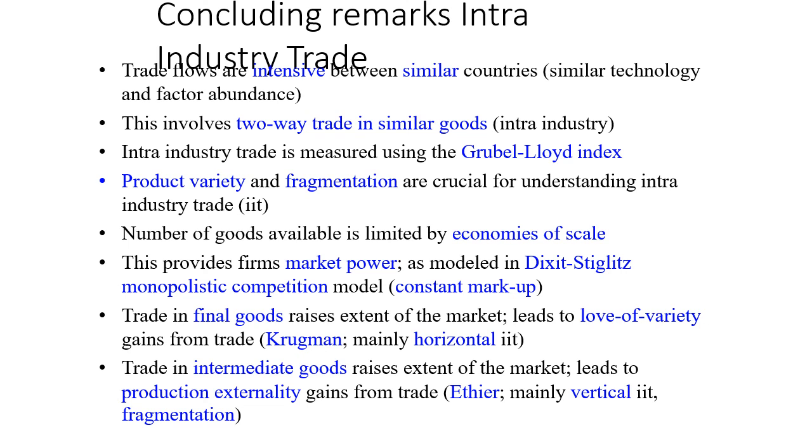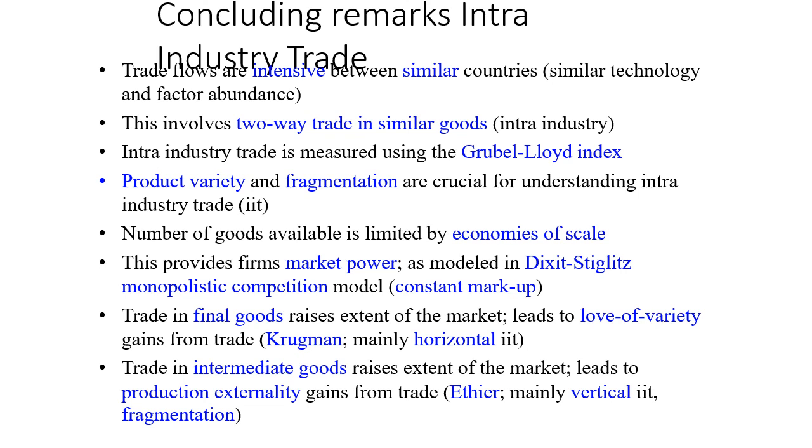We show that the number of goods available is limited by economies of scale. And then we also show the idea of market power or monopolistic competition that is shown by the Dixit-Stiglitz model. And we're assuming a constant markup. And then we also show trading final goods raises the extent of the market and it leads to variety gains.